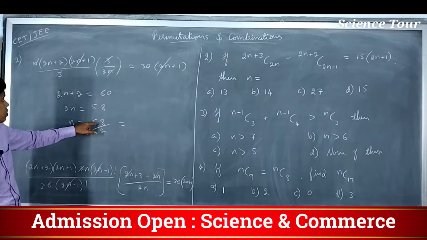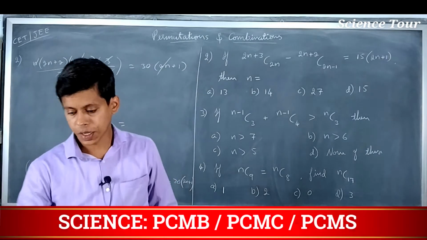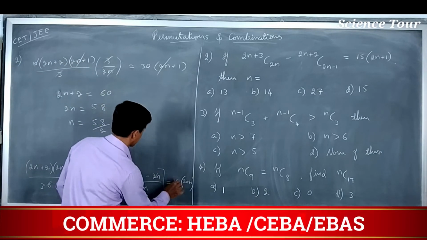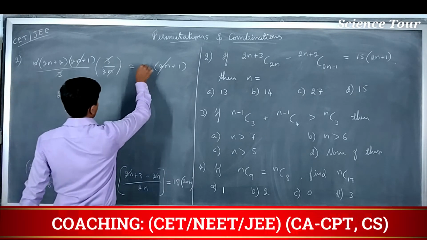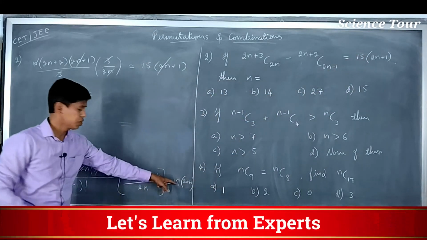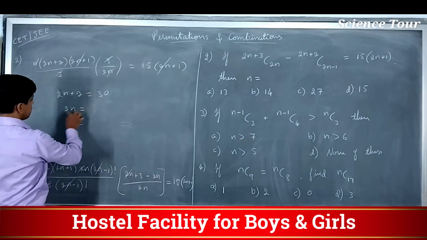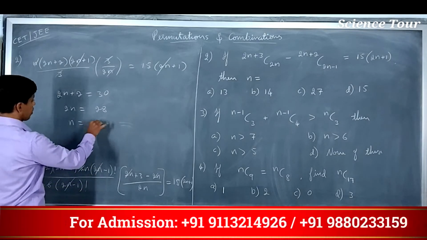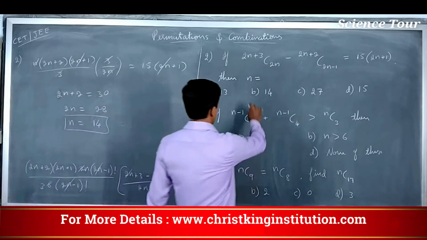Well, so what else did we miss? This is 15, I am sorry. Right, so that's 15, my mistake, I wrote 30 there, make it 15. So that's like 30 over here, and this is like 28, which is 14. Well, so 14 is the answer, option B.